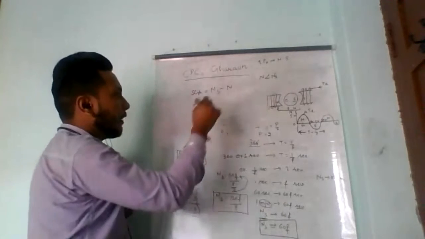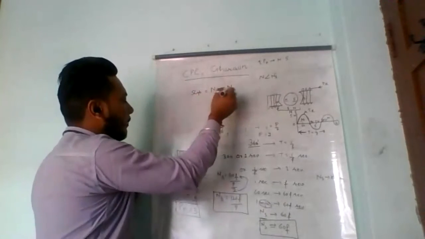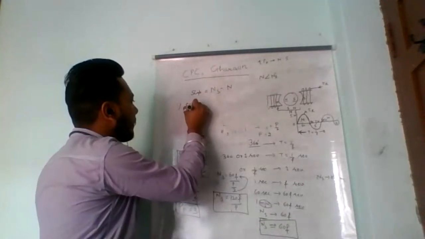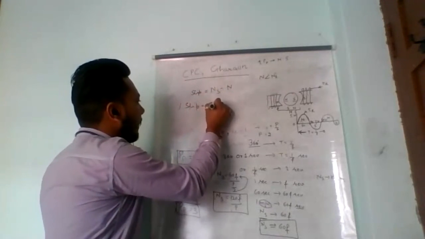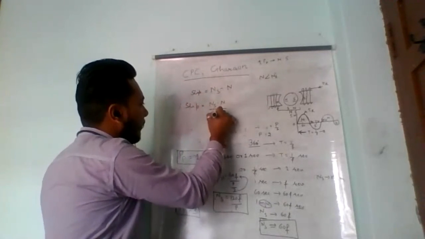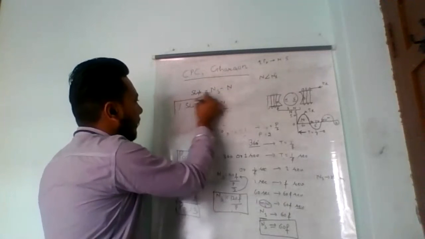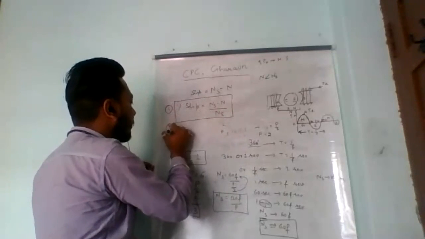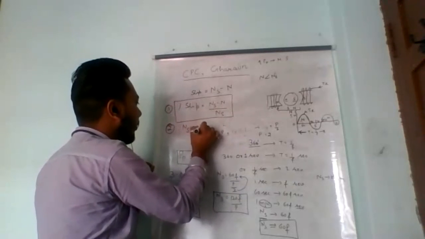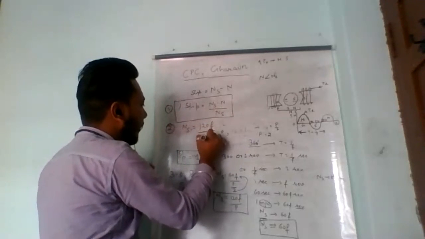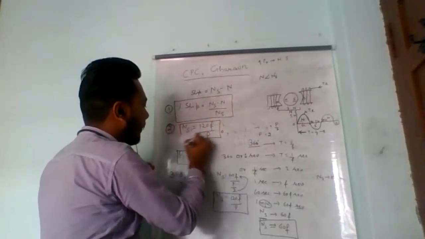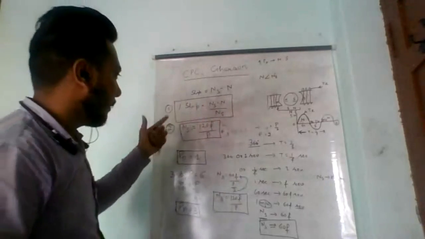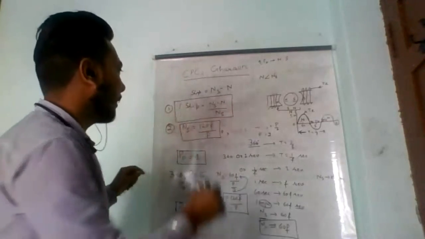Now, if we calculate its formula in percentage, then percentage slip is given by (ns minus n) divided by ns. This is the first formula used in the numericals, and the second formula used in the numericals is ns is equal to 120 f upon p. This is the formula that is used in the numerical part.